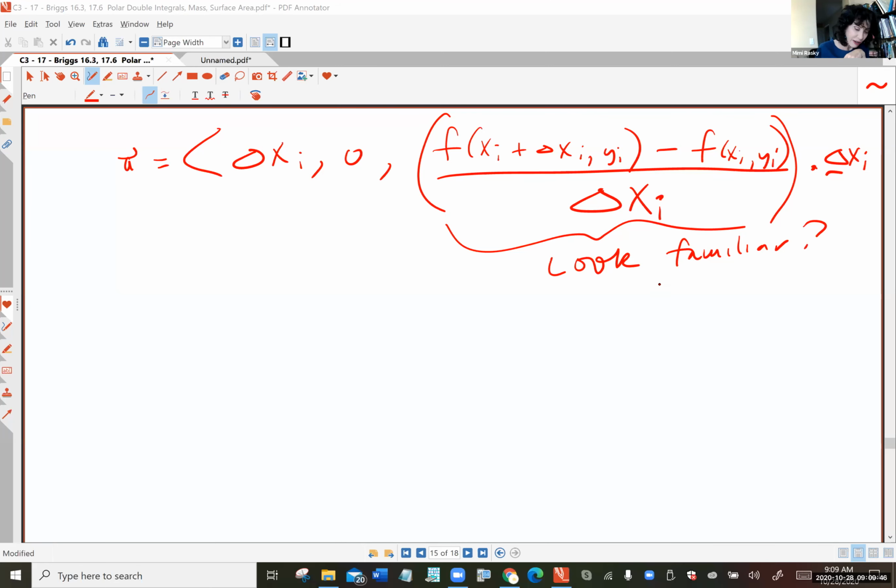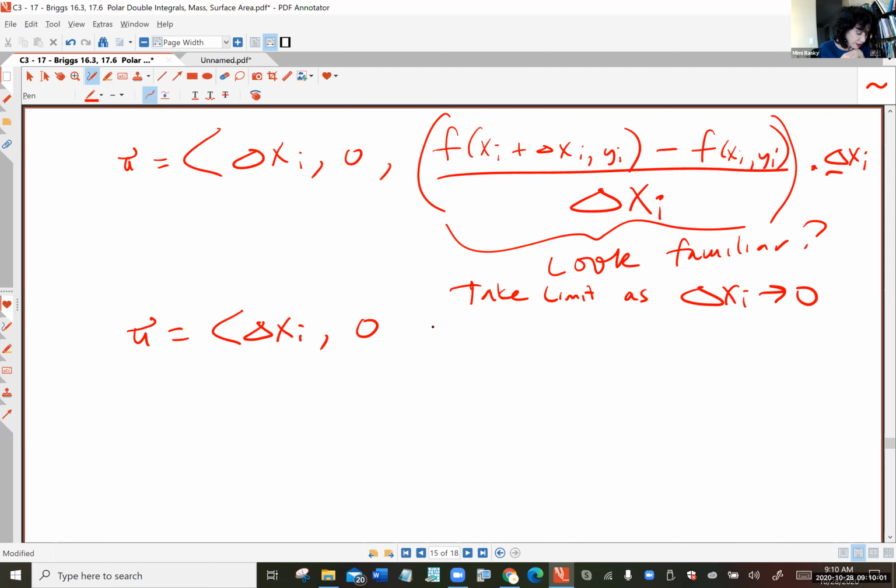So we're going to take a limit as delta x sub i goes to 0, and then we get the first partial. So our u vector is going to look like this. This is pretty cool. And we still have this other delta x sub i sitting there doing a bunch of weirdness.